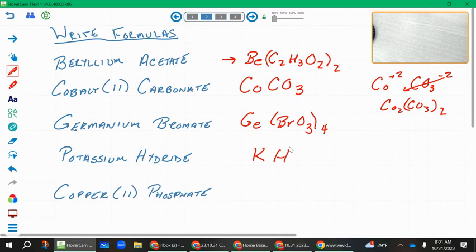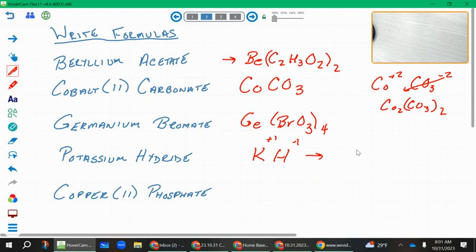This is a binary compound, ladies and gentlemen. This is a binary compound between potassium and hydrogen. What's the charge on potassium, Mason? +1. What's the charge on hydrogen? -1. So what would the compound be, Mason?